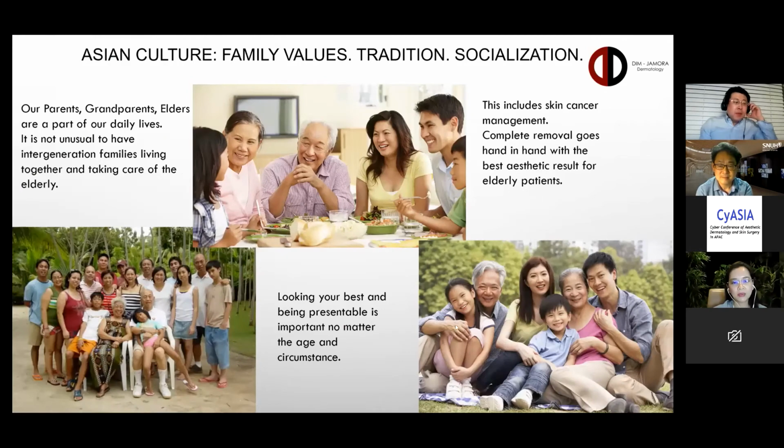I want to emphasize that we share common values in the Asian culture, which include family traditions and socialization, and really in our culture, the elderly, our parents and grandparents, are usually a part of our daily lives.